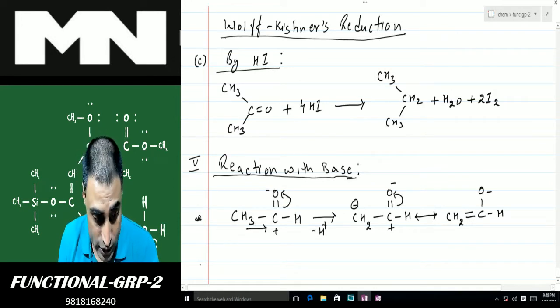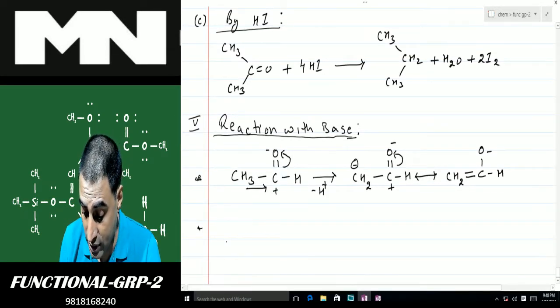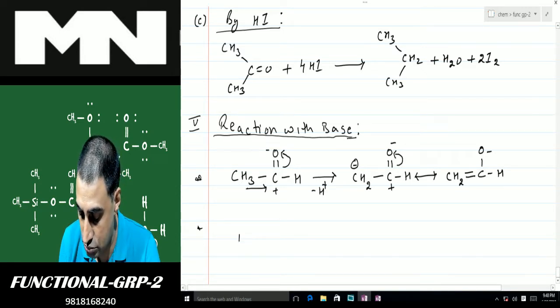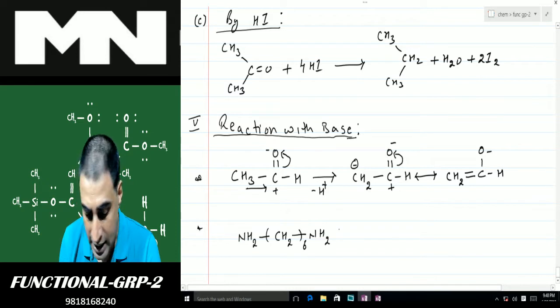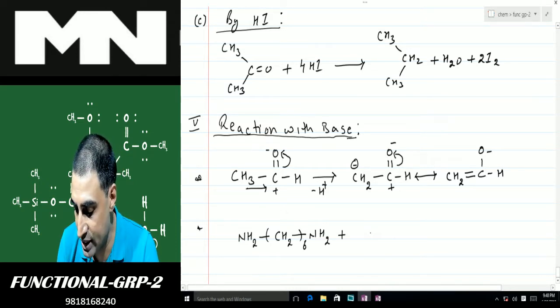Second, I'll tell you the type of polymerization. Well, suppose I've got a compound, I'll give you an example, hexamethylene diamine, and I'm reacting it with adipic acid.